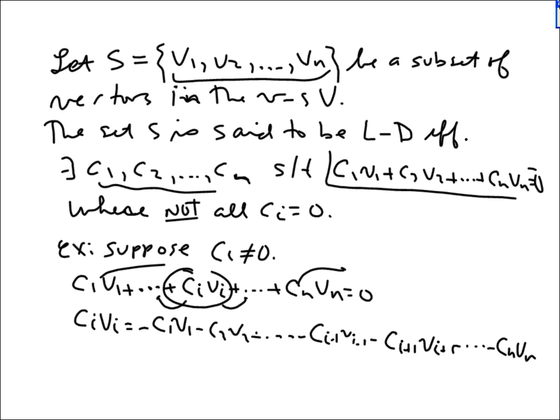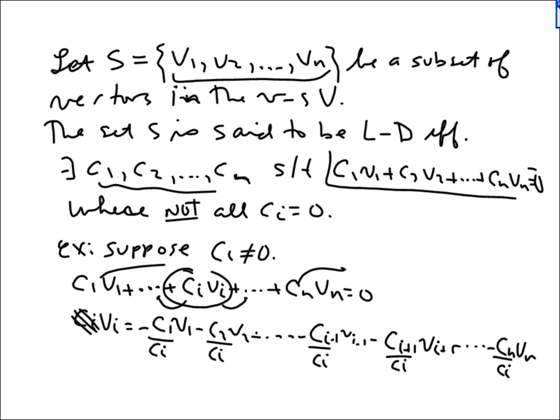And now, since Ci is not 0, I'm going to divide each term by Ci.